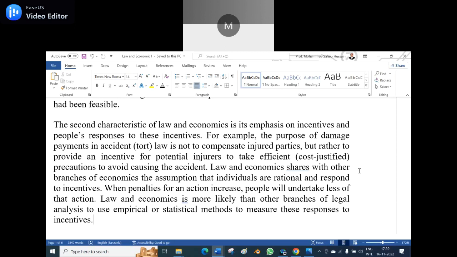So incentives will be given to the person. If you cross the limit and sell the product, your bonus will be there, commission would be there. Am I right? Yes. On each product you will get the commission, in addition to your salary. So those are the incentives.